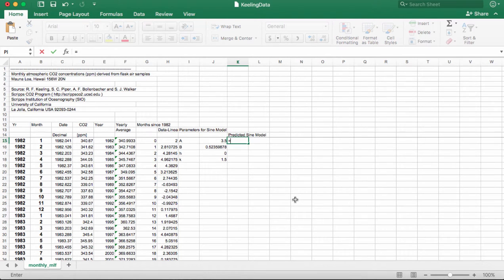And so here I'm going to use parameter a, which is $J$15, that is fixed, so I'm using my dollar signs, times sine of, use the parameter b, which is $J$16, times the quantity of time, which is here, minus my parameter h, $J$17, all plus my midline, which is $J$18. Great. Let's see if it complains at us.